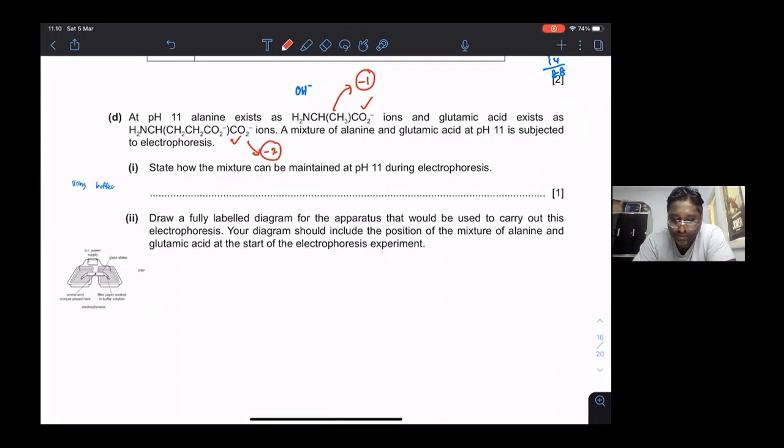A mixture of alanine and glutamic acid at pH 11 is subjected to electrophoresis. State how the mixture can be maintained at pH 11 during electrophoresis. The only way is to use a buffer solution, so then the pH will remain fixed at 11.